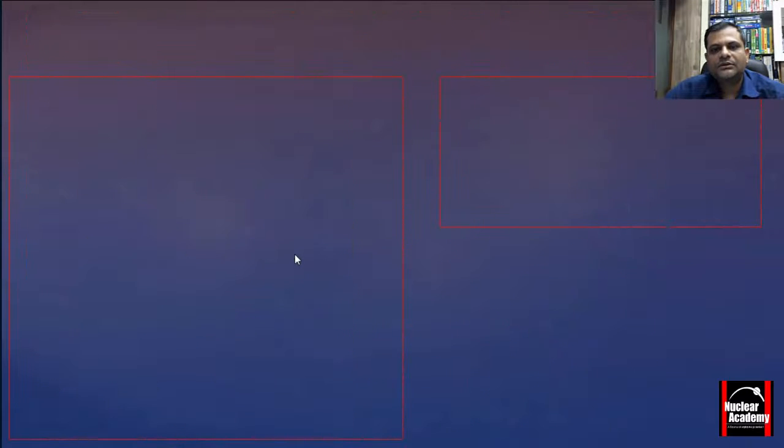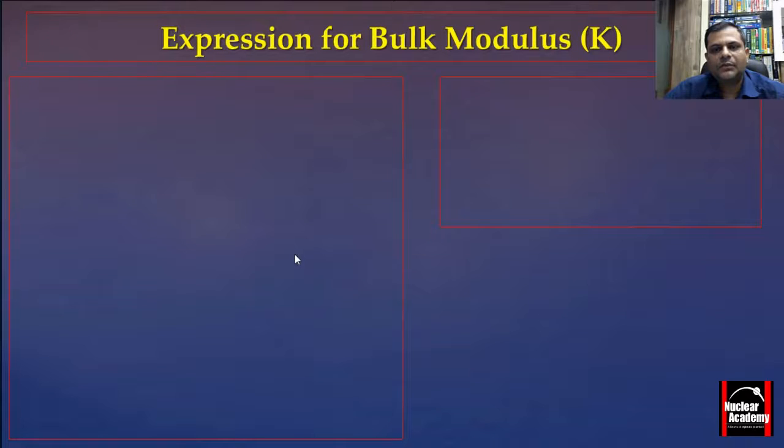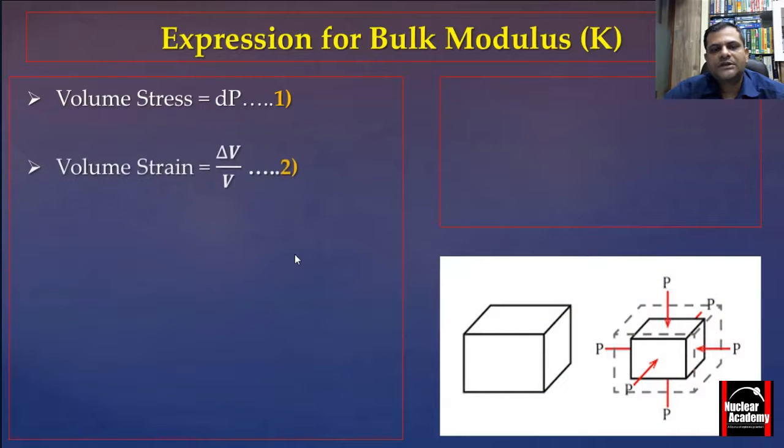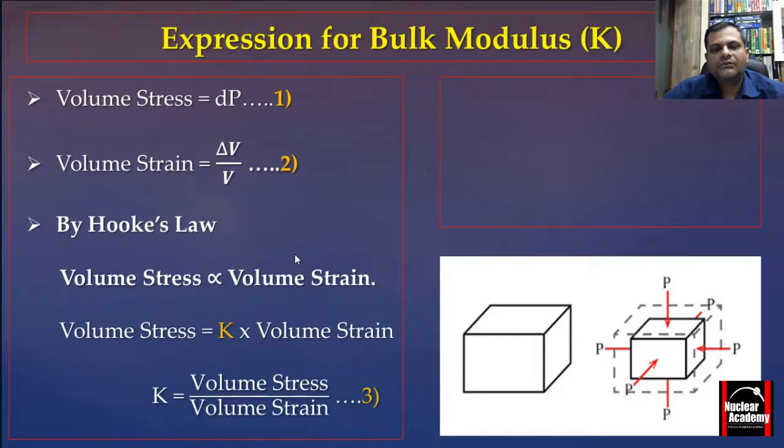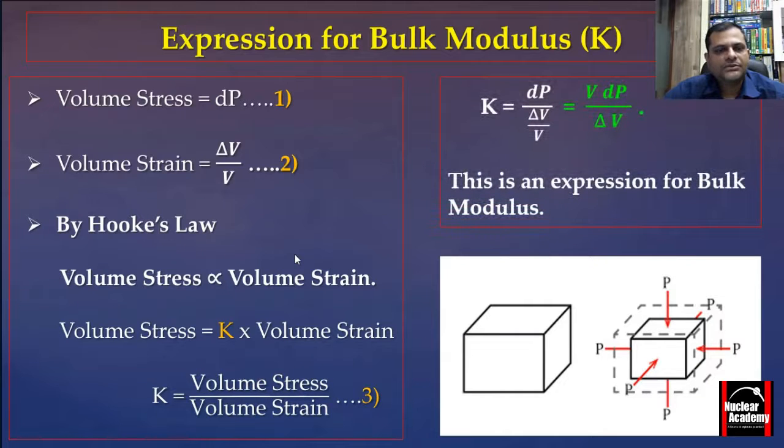The next is about the bulk modulus of a body, which is the ratio of volume stress to the volume strain. So in order to find the expression for bulk modulus, we'll have to find the expression for volume stress and volume strain and divide these two. So volume stress, as we know, is equal to dP, and volume strain is always equal to dV by V. And by Hooke's law, volume stress is proportional to the volume strain.